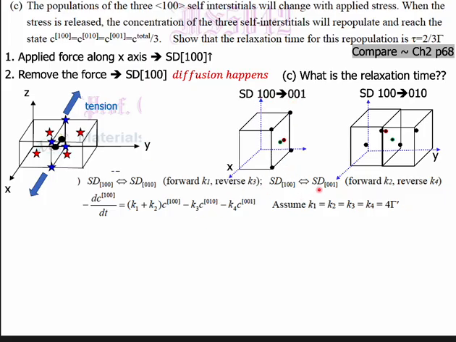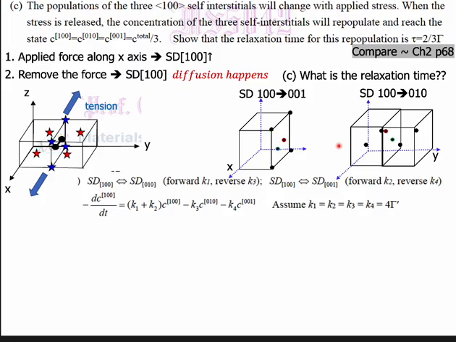And I also show you the other possibilities: 100 moves to 001, with the same idea. 001 is along the z-axis, so the green one probably jumps to here, and the red one goes back to the lattice point. So you can see the split dumbbell moves from 100 to 001.